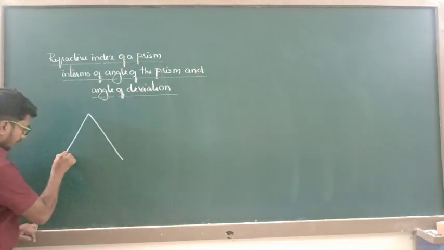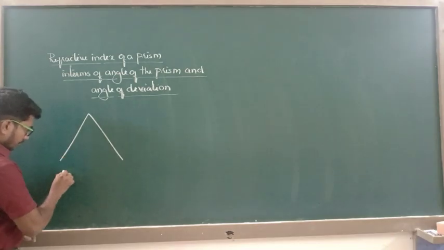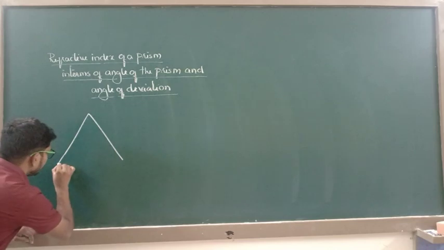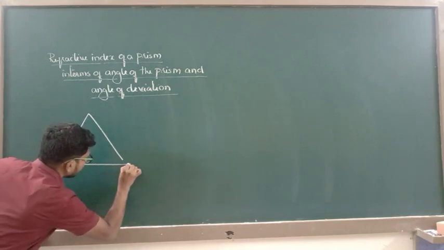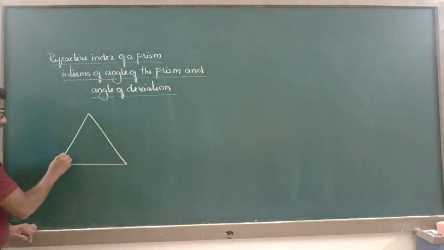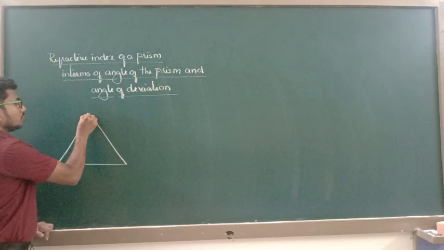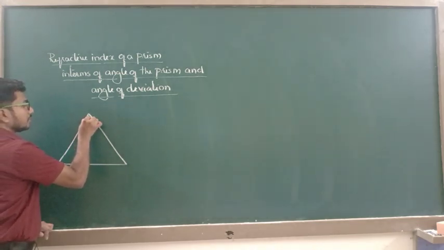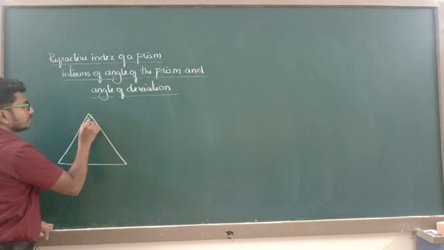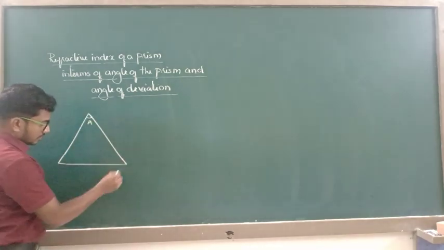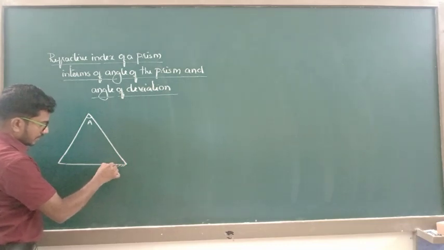So this is the front view of the prism. Angle between two refracting faces is known as angle of the prism, capital A. So this is known as base of the prism.